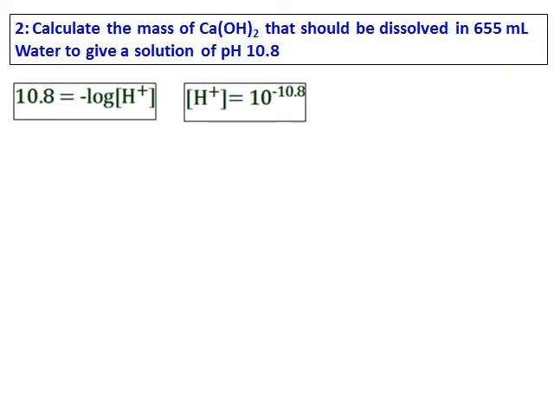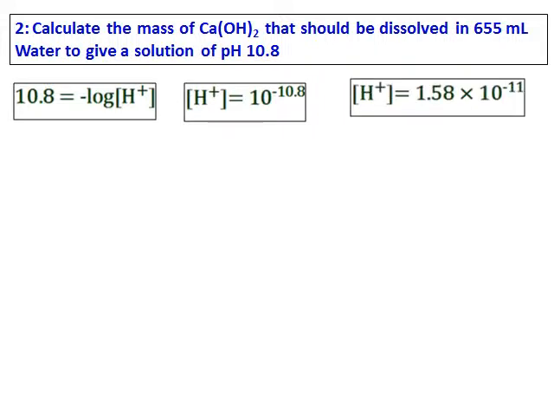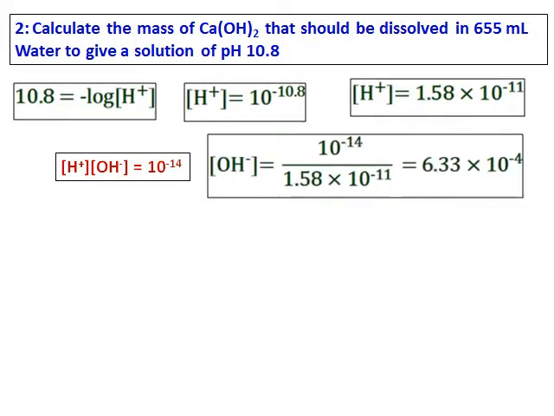So take the antilog of the value given, like 10 to the power of negative 10.8, and that will give me the concentration of hydrogen ions. Now using the formula hydrogen ion times hydroxide ion is equal to 10 to the power of negative 14, I can get the value of hydroxide ions because that's what I need finally.